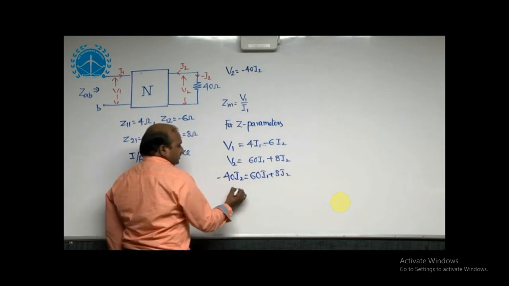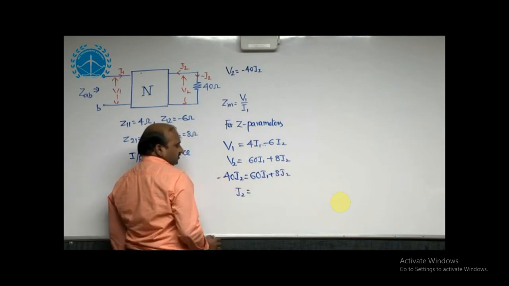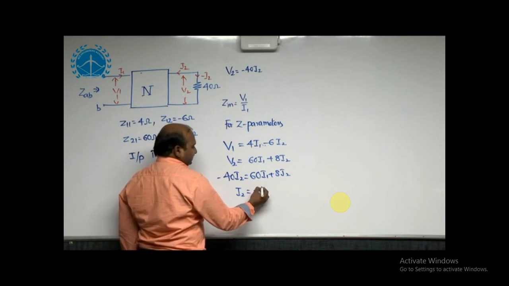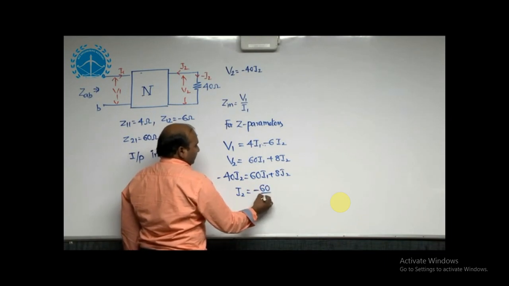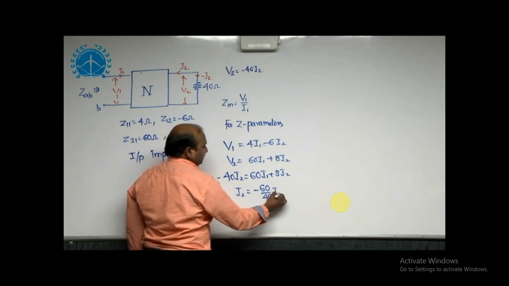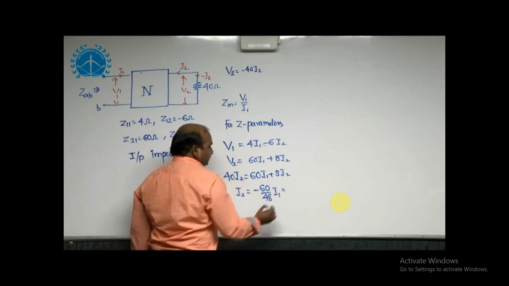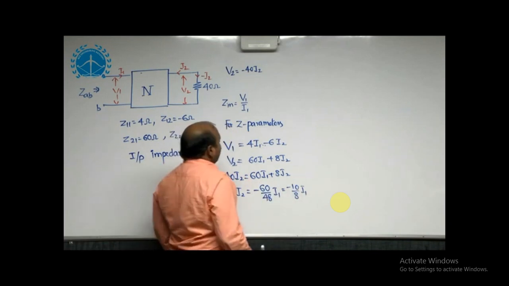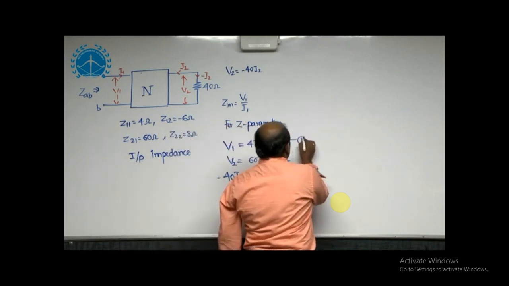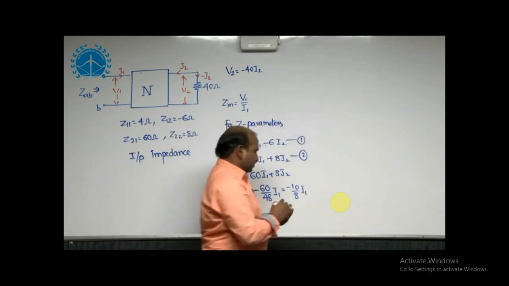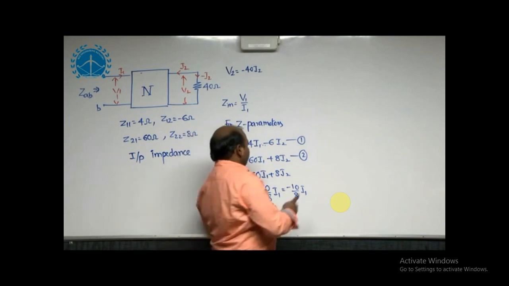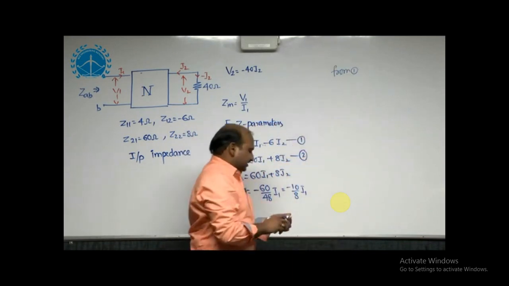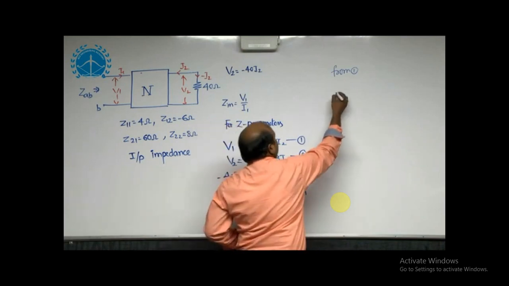From this, I can express I2 in terms of I1, that is I2 is equal to minus 60 by 48 I1, which is minus 10 by 8 I1. This is equation number 1 and this is equation number 2. From equation 1, I can get the ratio between V1 and I1.